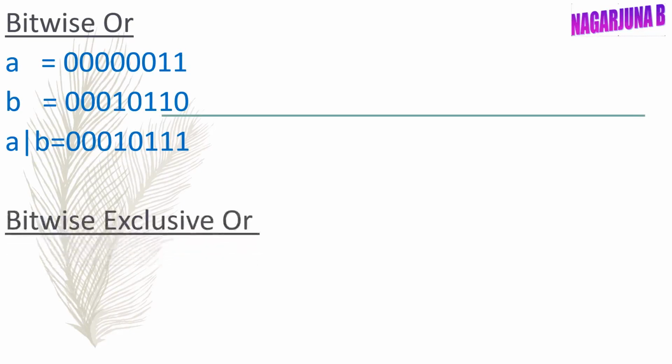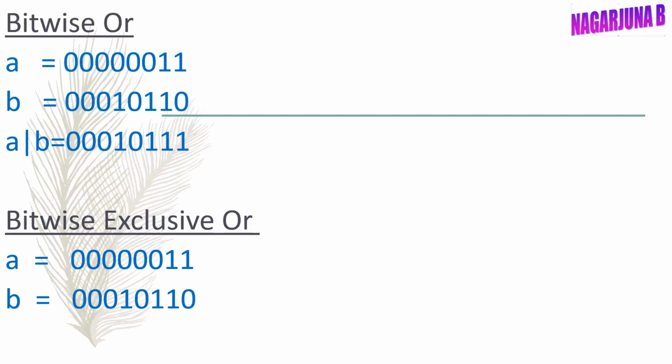The next, bitwise exclusive OR. Consider A and B with these bit values. When we perform bitwise exclusive OR, A XOR B equals 0 0 0 0 0 0. Then again 0 1 will be 1, 0 0 will be 0, 0 1 will be 1, 1 1 will be 0, 1 0 will be 1.